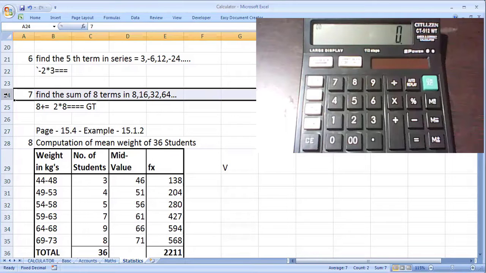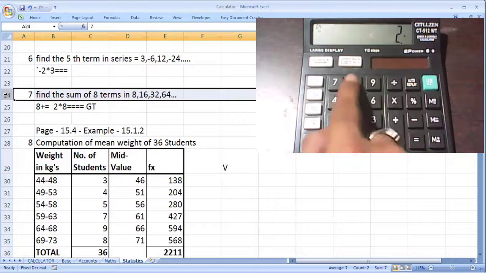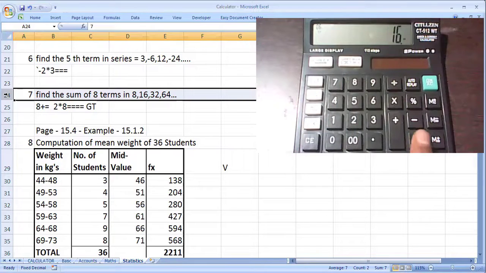Okay. Now how to calculate the sum of 8 terms? First press 8 plus equals to. So we have taken one value, that is the first term. Then we need to take the other values, that plus press 2 into 8 equals to, second term taken. So what is the number here? It is 16.